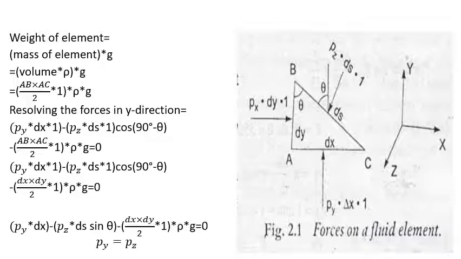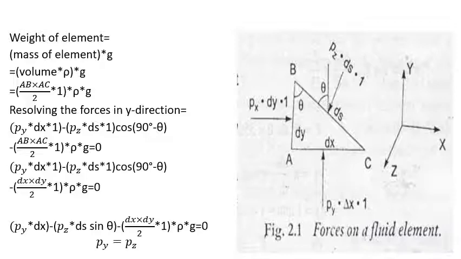That is equal to 0. Now simplifying this, P of y dx into 1 minus P of z ds into 1 cos 90 degree minus theta, minus, now face AB is equal to dx, and AC is equal to side dy by 2, into 1 into rho into g, is equal to 0.